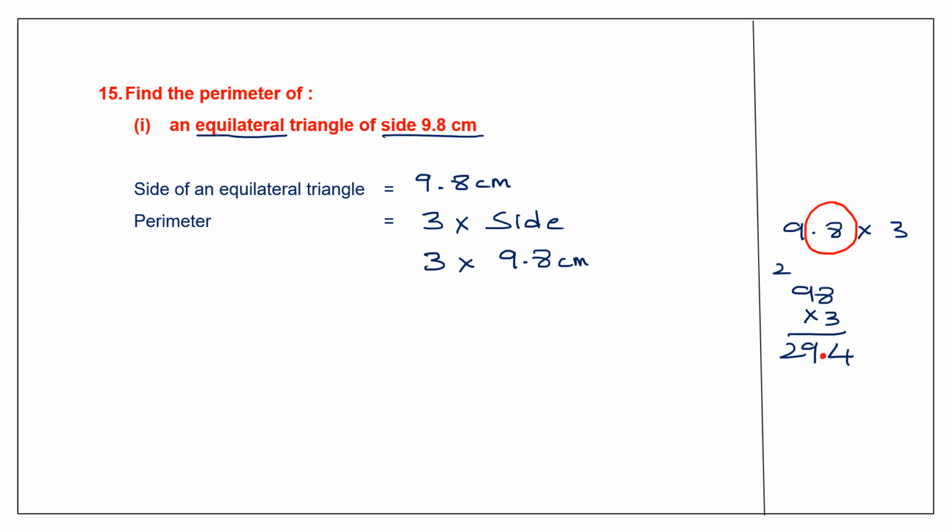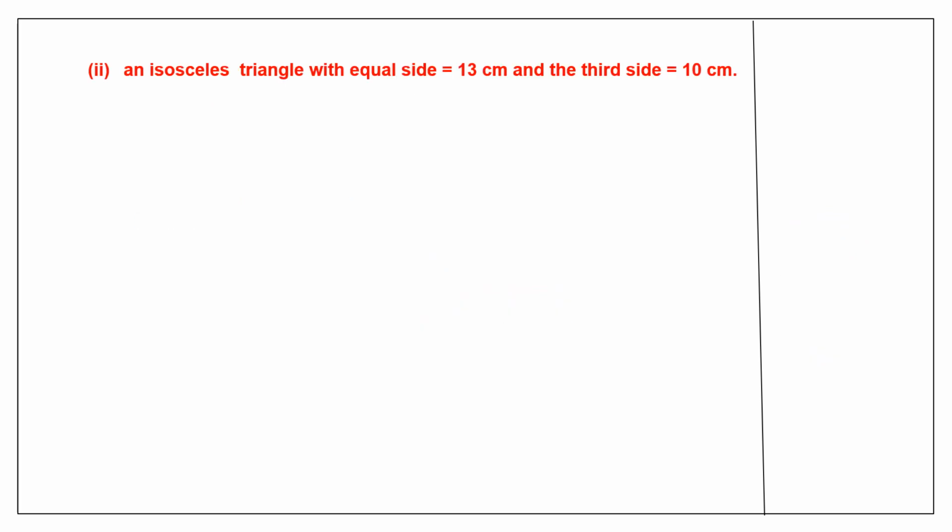So the perimeter of this equilateral triangle is 29.4 centimeters. So this is our answer. 29.4 centimeters.